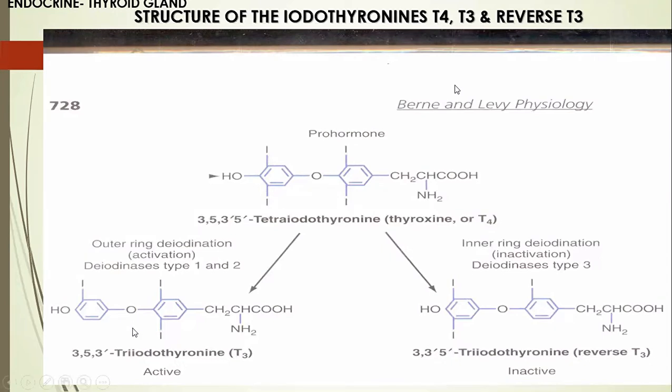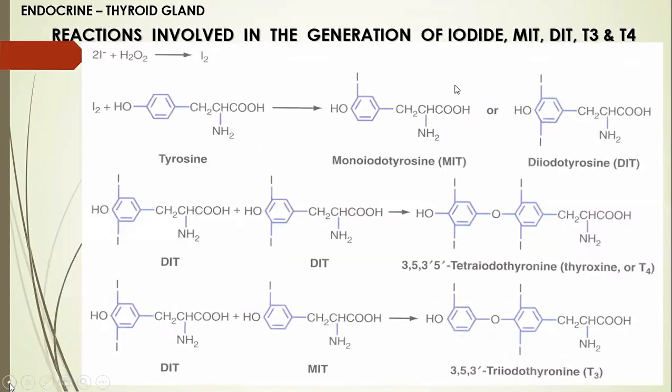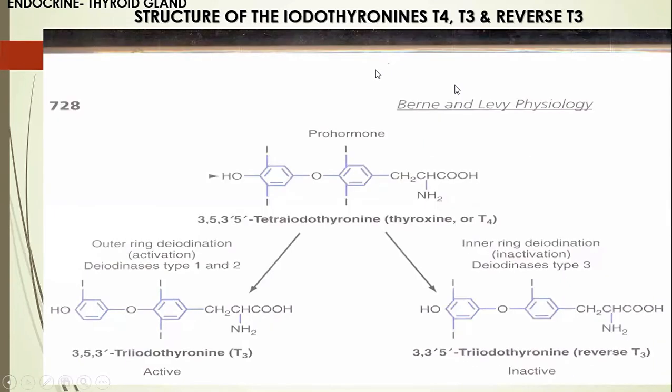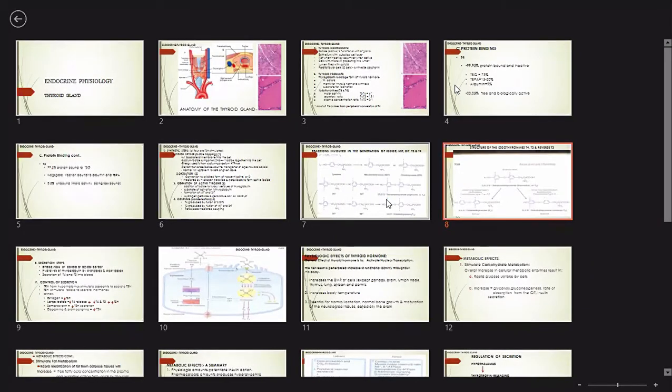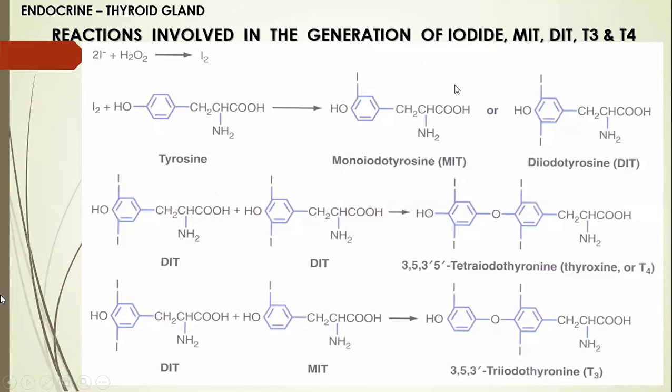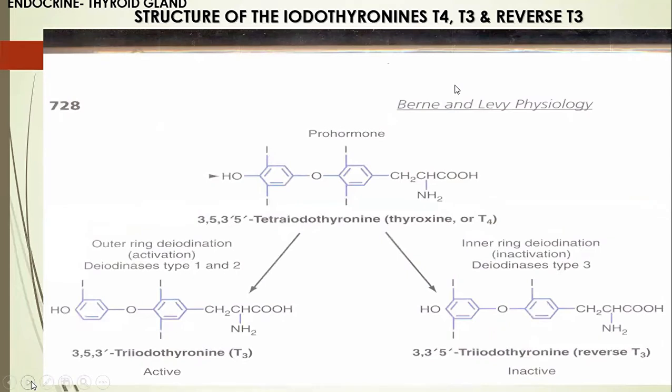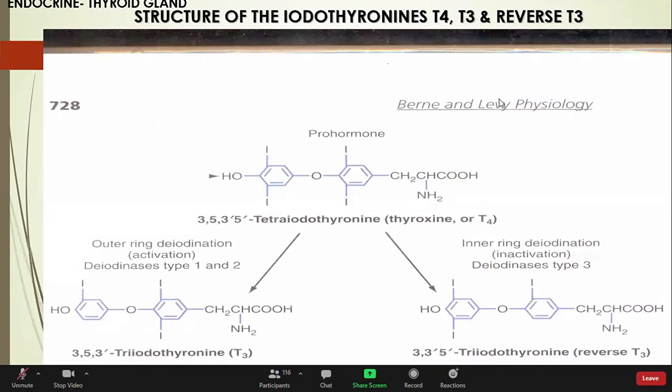So when deiodinase acts on it, you have your T3 and T4.